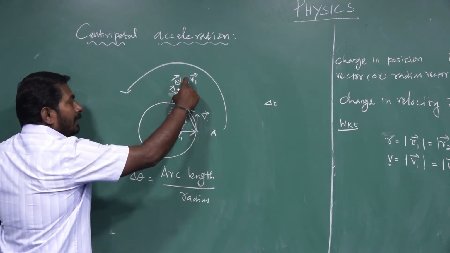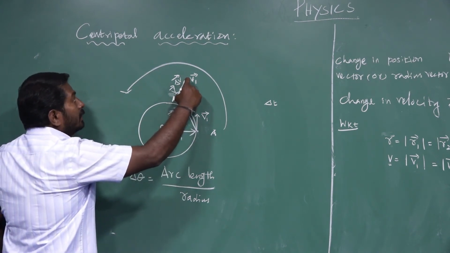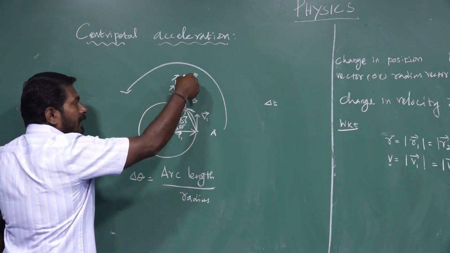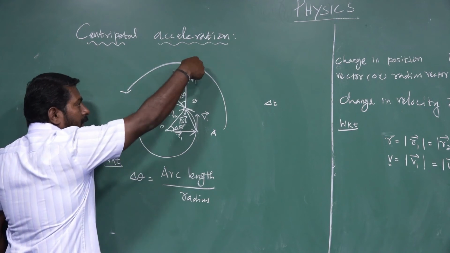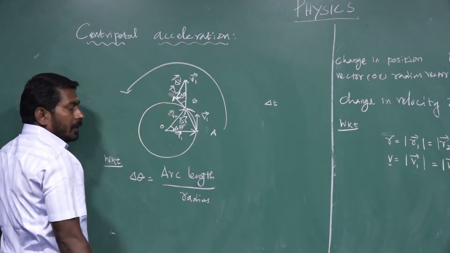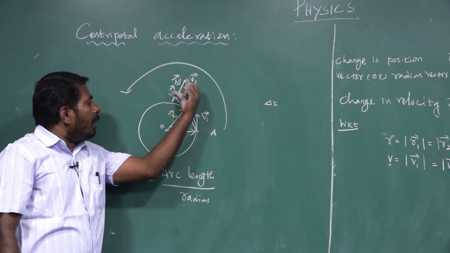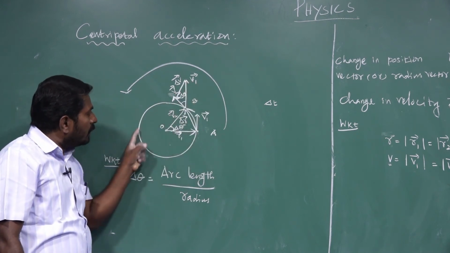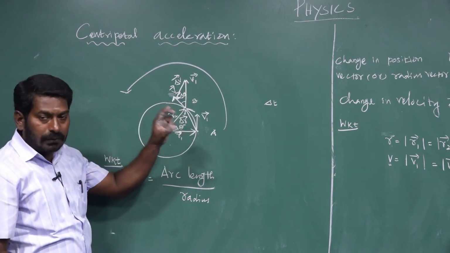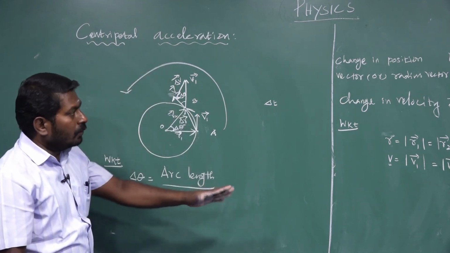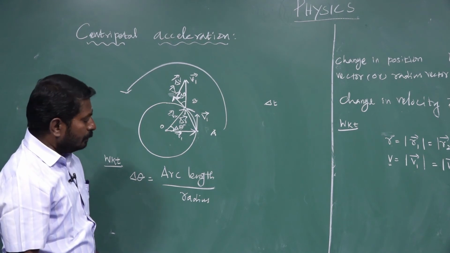Hence, that particle experiences centripetal acceleration. See the change in velocity direction from initial velocity to final velocity. So only because of the change in velocity of the point object in uniform circular motion with respect to time, it will experience a centripetal acceleration. Now we are going to calculate the centripetal acceleration.